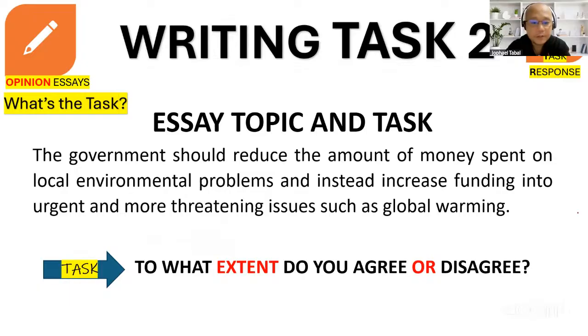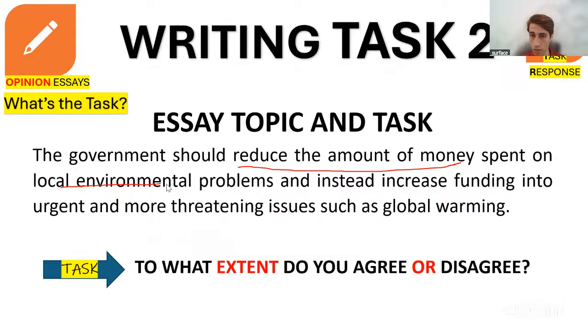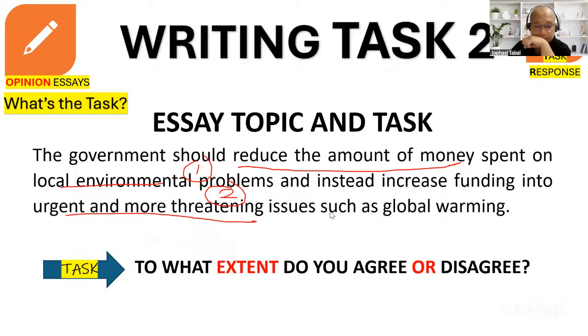So what are the three main parts of the question here? They need to highlight the most important keys. Government should reduce the amount of money, this is number one. And number two is instead increase funding. Increase funding is very important.